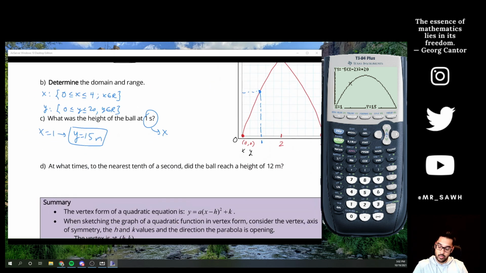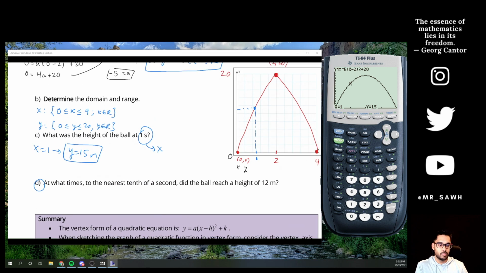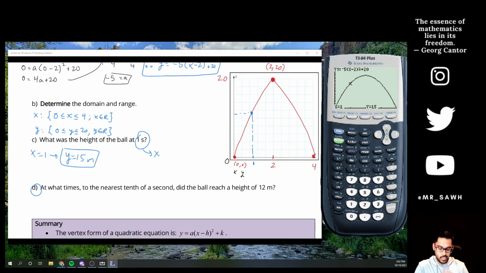Part D is what I actually wanted to do. At what times, to the nearest tenth, does the ball reach a height of 12 meters? Okay, so this is where I'm going to need that other thing that I was talking about on my calculator. If the height at 1 second was 15, that's what we just found, so that's 15 meters, roughly, as my graph's not perfect.